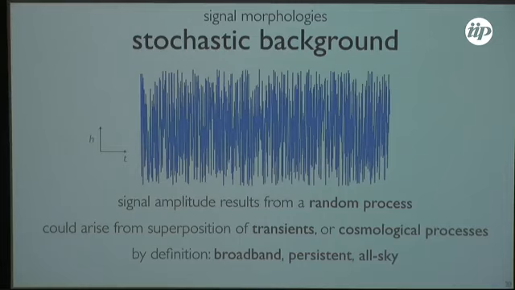Then we can have continuous sources from things like pulsars, which are weak, but they're on for a long time, and they have a very specific frequency. And we can have stochastic signals that don't have a well-defined waveform. They're a random process, but they happen at a large band of frequencies. They're on all the time, and they don't come from any specific point in the sky, but from all over.